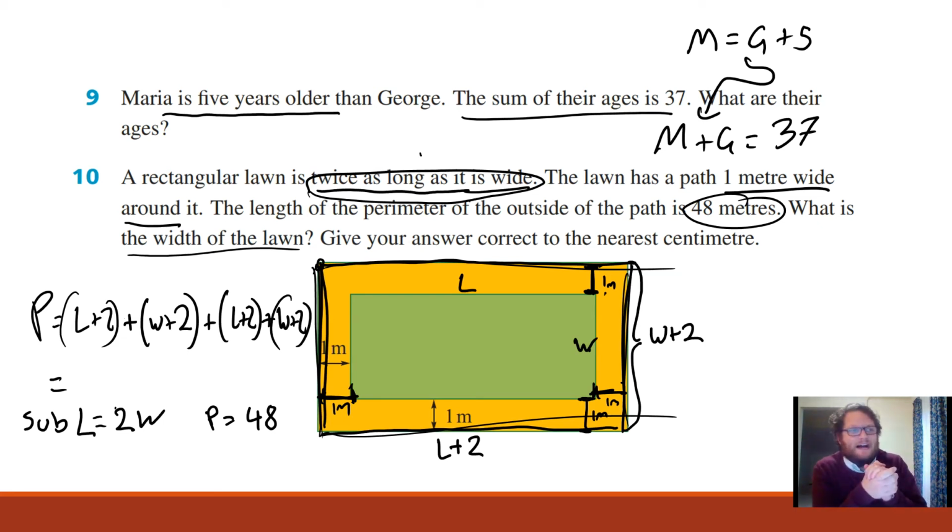We know the perimeter is going to involve the length and the width, so let's deal with that later on. We know the ages, so let's deal with the sum of their ages first, and how their ages are different later on. Let's just start with the basics. It's usually a good way to get 1 mark, maybe sometimes 2 marks, just to start with the basics.